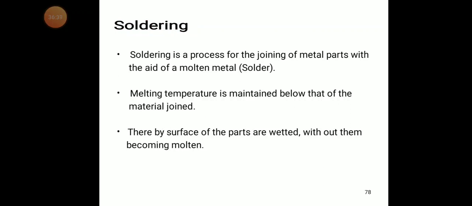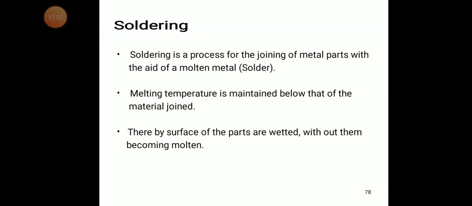Soldering is a process for the joining of metal parts with the aid of a molten metal, that is, solder. By using the solder we join the metal parts with the board.